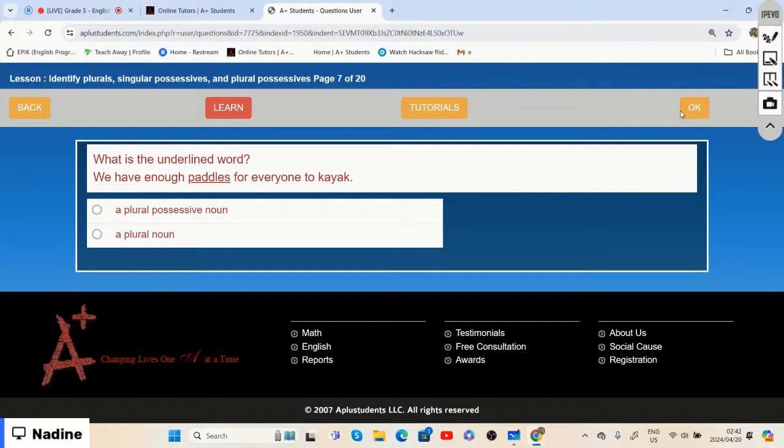And if we pedals, right? Pedals, we need to say if it's a plural noun or if it's a plural possessive noun.